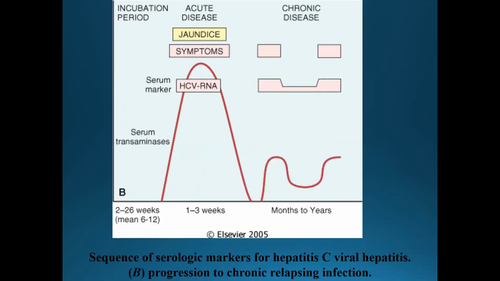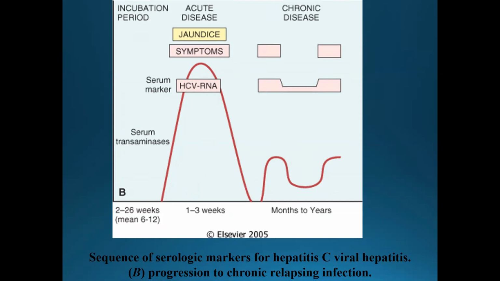In chronic hepatitis C viral infection, circulating HCV RNA persists in many patients despite the presence of neutralizing antibodies, including more than 90% of patients with chronic disease. Consequently, in patients with symptoms of chronic hepatitis, HCV RNA testing must be performed to assess viral replication and to confirm the diagnosis of HCV infection.